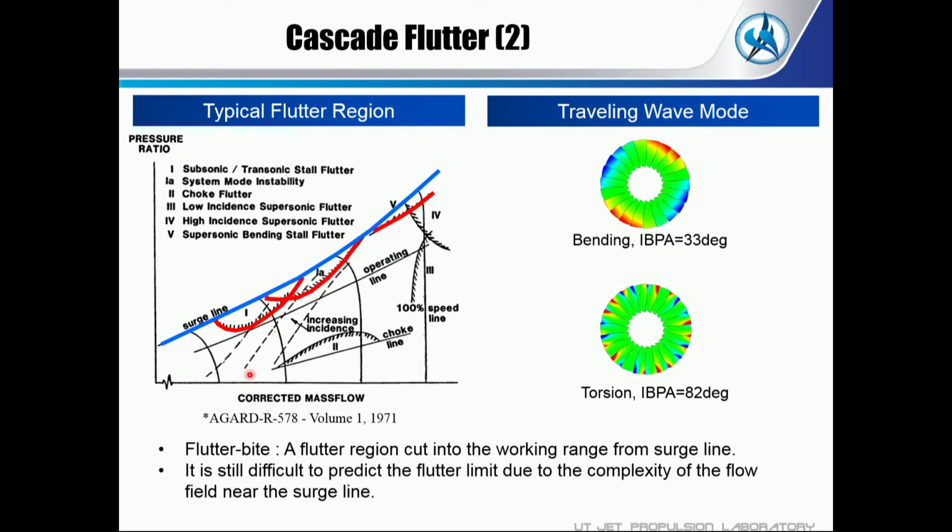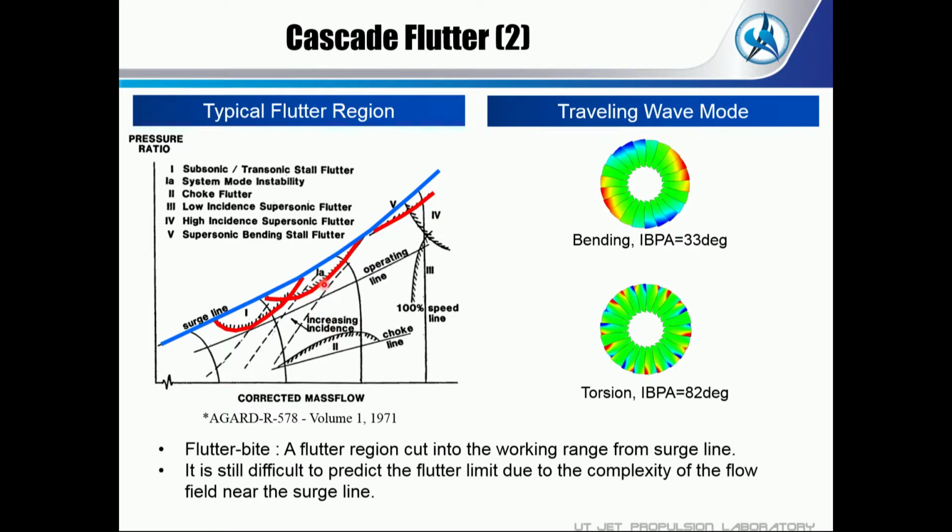This kind of flutter boundary is called a flutter bight. The flutter region cuts into the working range from the surge line. That's a very big problem. If there is a flutter bight here, we have to change the operating line to the low efficiency side, because we have to have some margin from the boundary. So that is a very big issue.